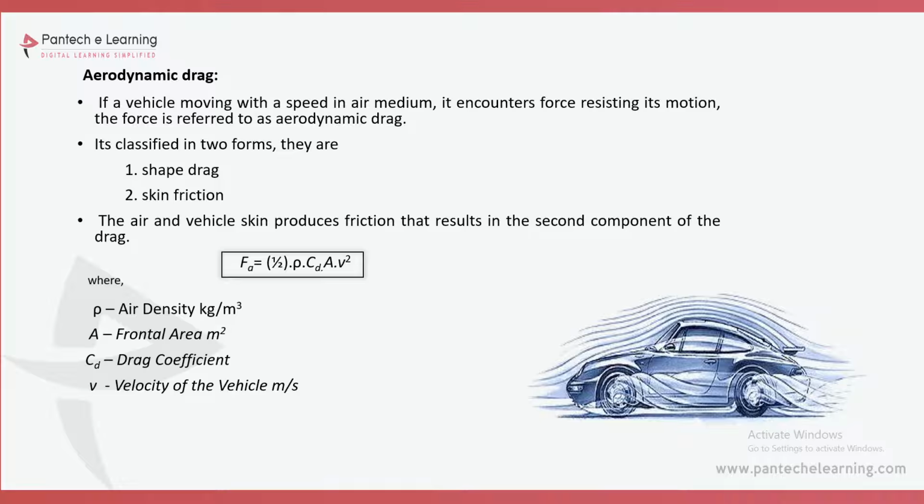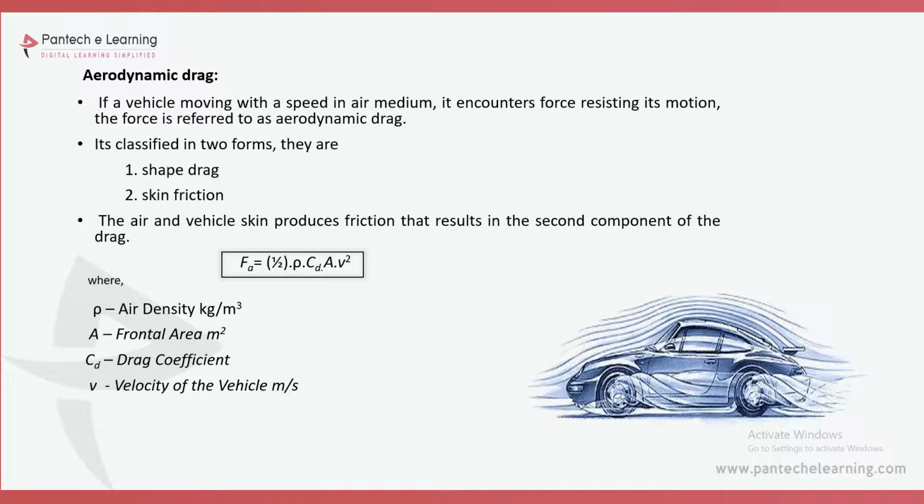Shape drag is when a vehicle moves in the air medium, this area is a high pressure area because of the shape we give to the car. The high pressure air flows to the low pressure area, so it will be neglected.